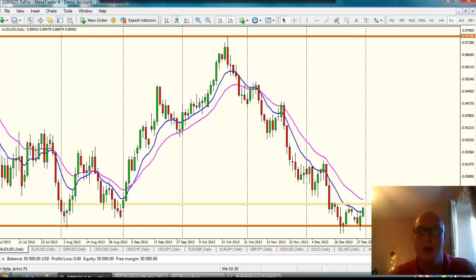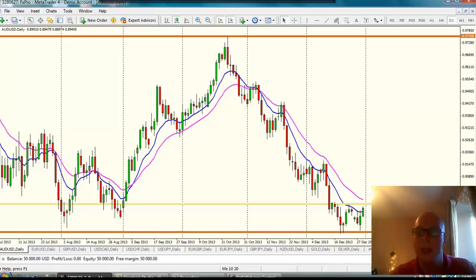Now, when I drew this line on the support line here on the weekly, once I move down to the daily time frame, that line can be adjusted to suit the most recent price action.